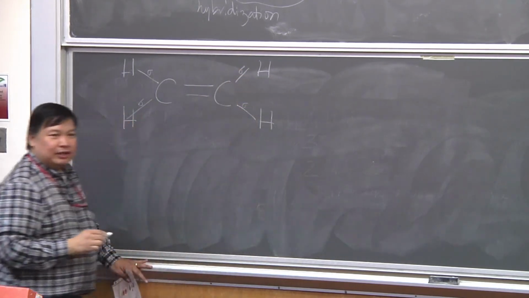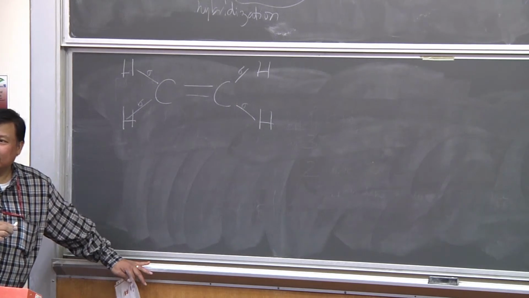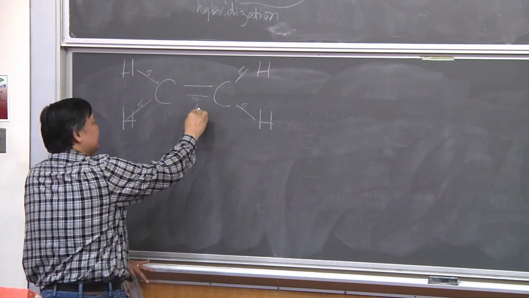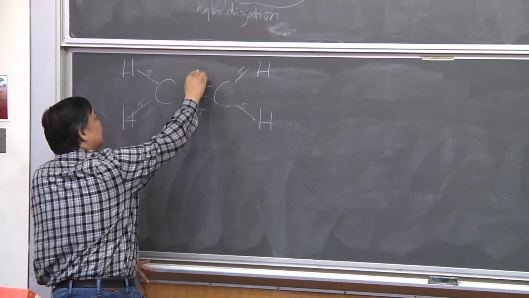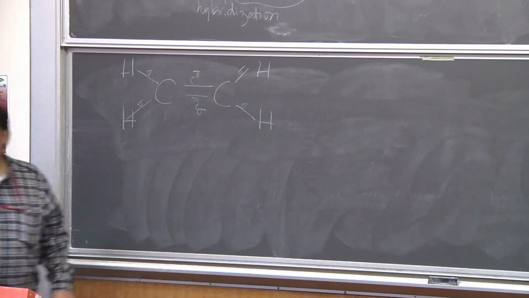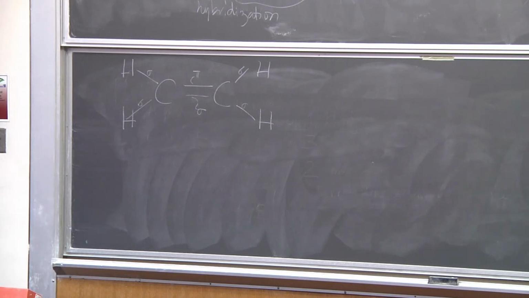And how about my double bond? It's a sigma and a pi. So what about a triple bond? Good guess, but it's the other way around. For the triple bond, it's 1 sigma and 2 pi's.